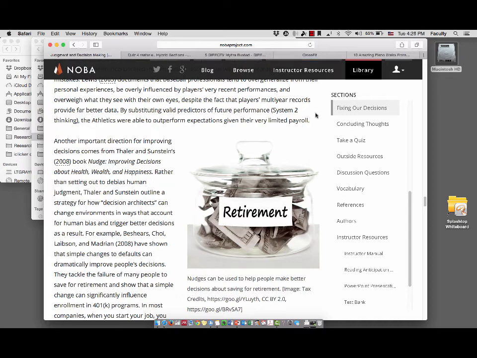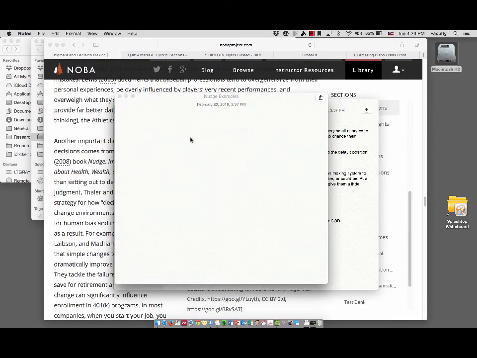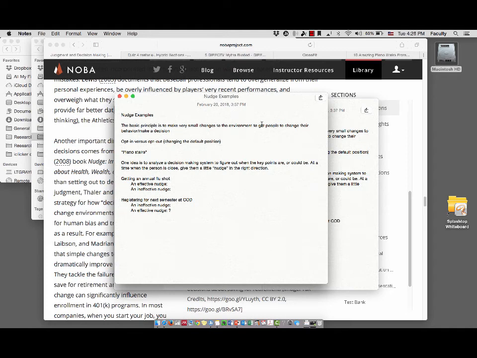I think what I can do is just give you some examples of what we mean by it, right? So the basic principle, we want to make some very small changes in the environment so that people will change their decision, change their behavior. And so think about the ideas that are in the textbook already, kind of the opt-out versus opt-in. What we're really doing is we're changing the default position, okay?